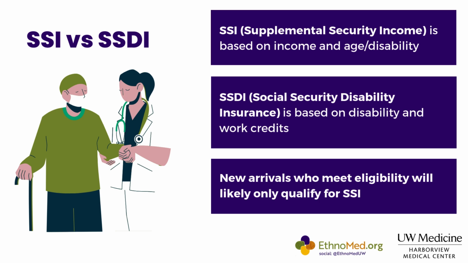This gets a little confusing because usually your client will receive a denial letter for SSDI, which can look very similar to an SSI denial. So if they're receiving a letter pretty quickly after they've been interviewed and it says they're denied for Social Security disability insurance, that's okay.